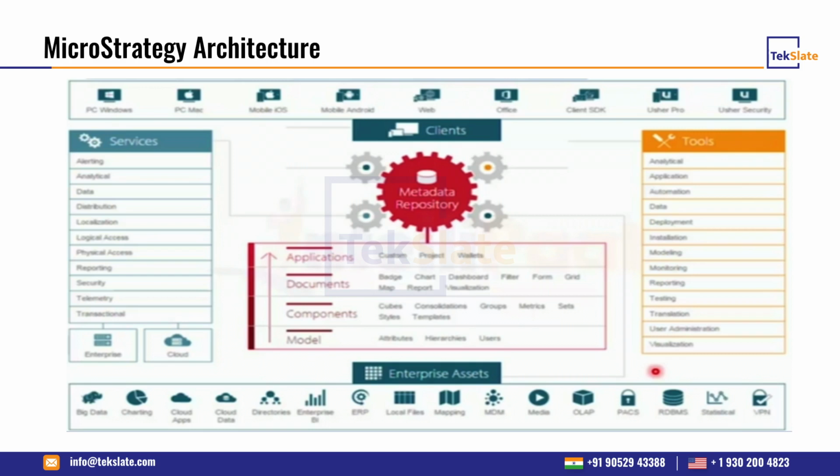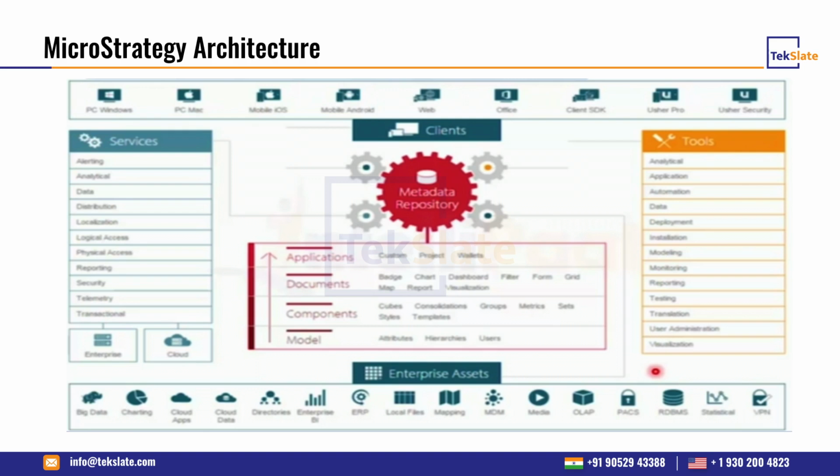Rollup is nothing but relational online analytical processing. This allows users to drill anywhere in the entire database. It uses a single common metadata for consistency and streamlined maintenance. And the most important one, it has intelligent cubes. All these are the advantages of MicroStrategy.